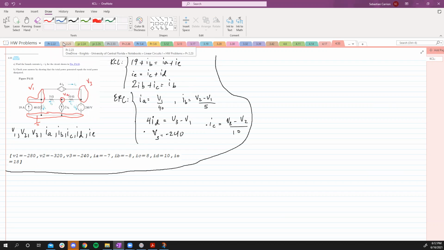Okay, so the power for the 19 amp source. 19 amps, and then we know that V1 is negative, so this would be negative and then positive, since this is our higher potential.